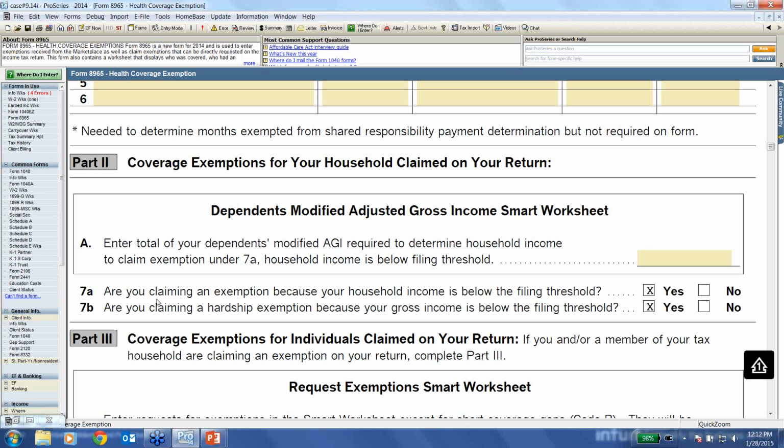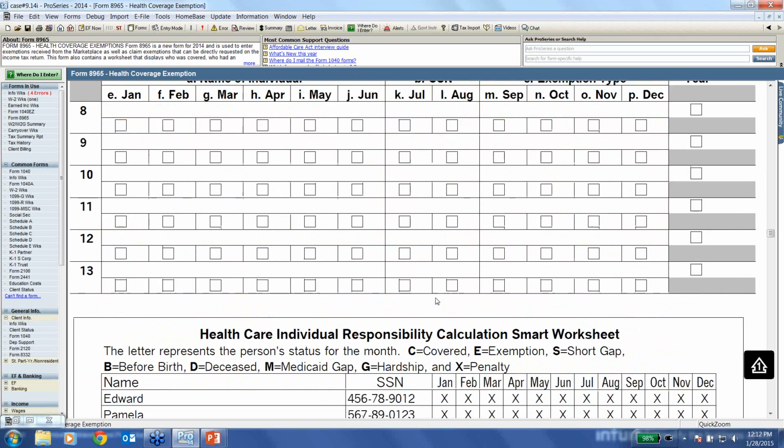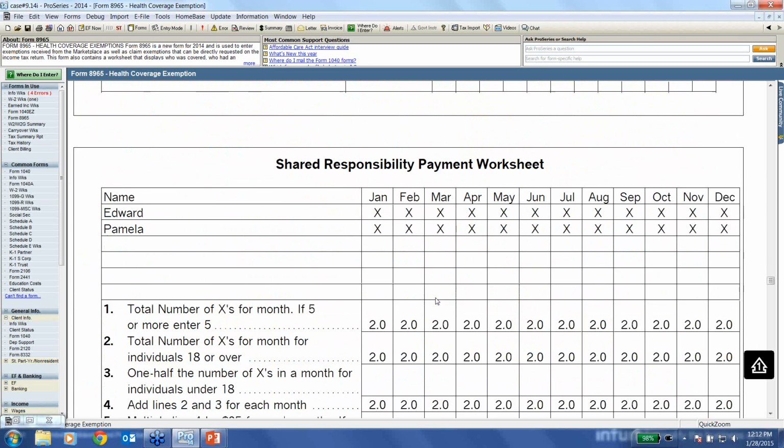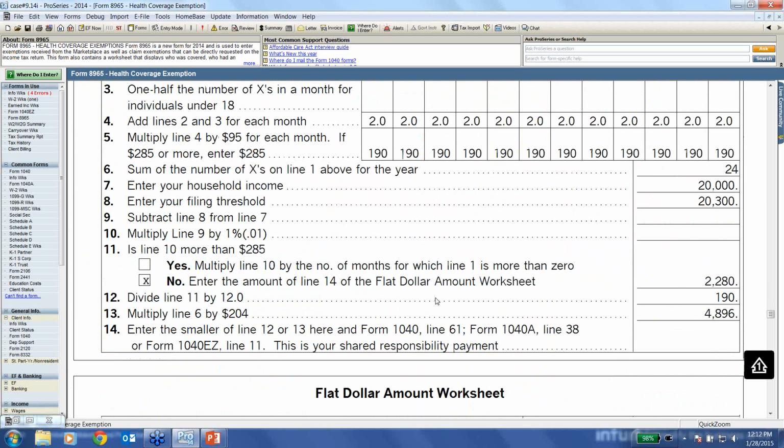And 7A and 7B. Are you claiming an exemption because household income is below threshold? Yes. In this case, gross income is below that figure too. Yes. There's a little distinction between those definitions. You can find that in the 8965 instructions. So in this case, the household was exempt, and consequently no penalty.